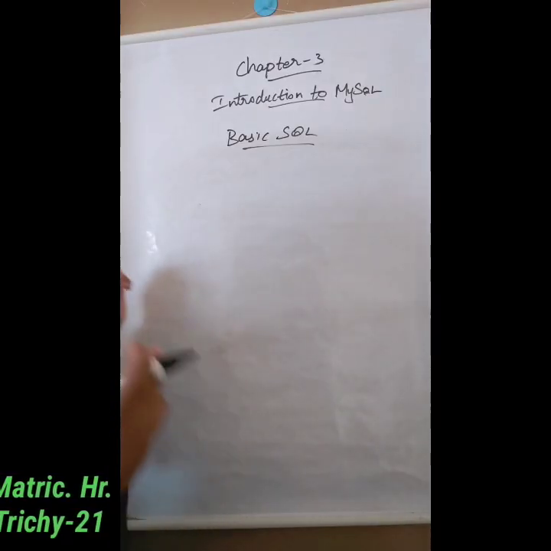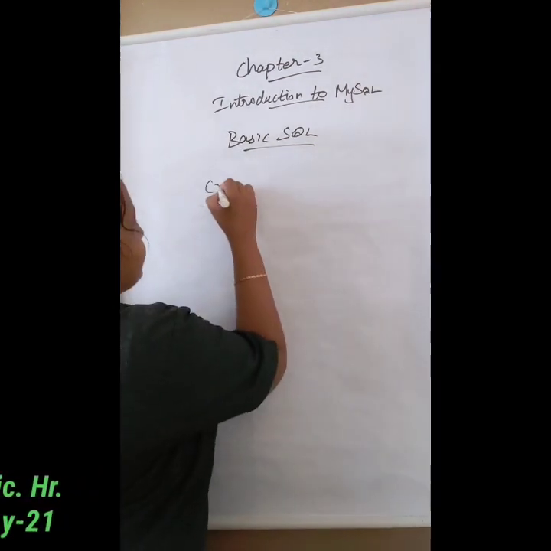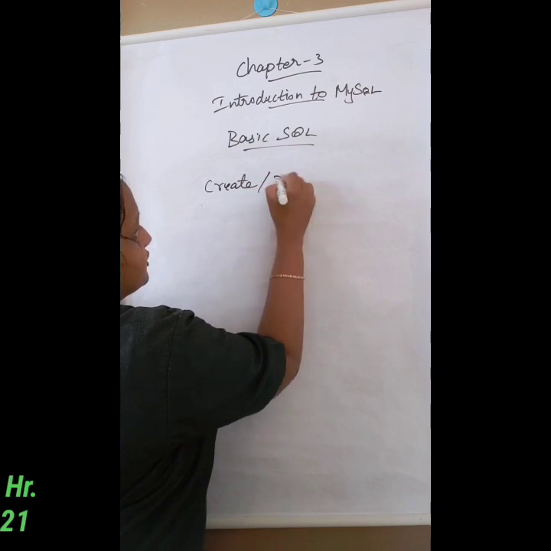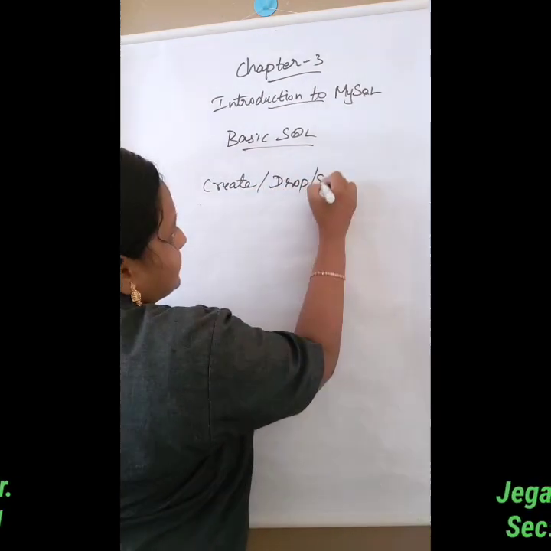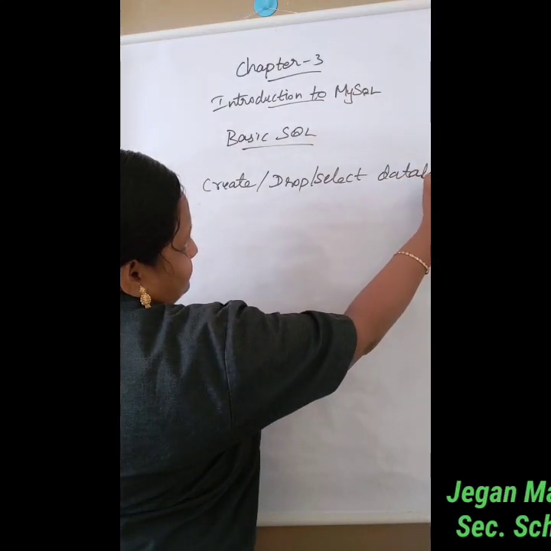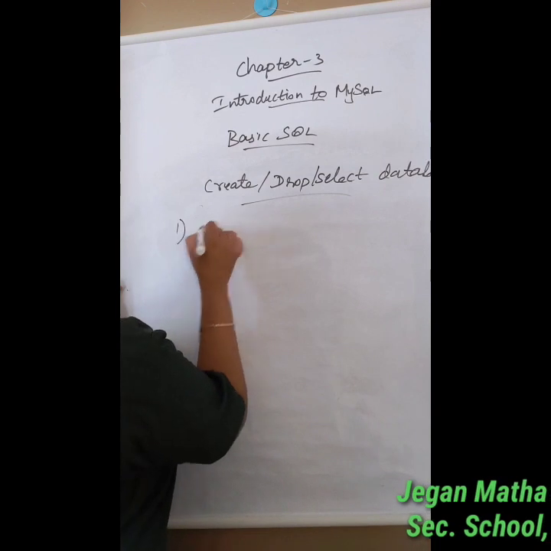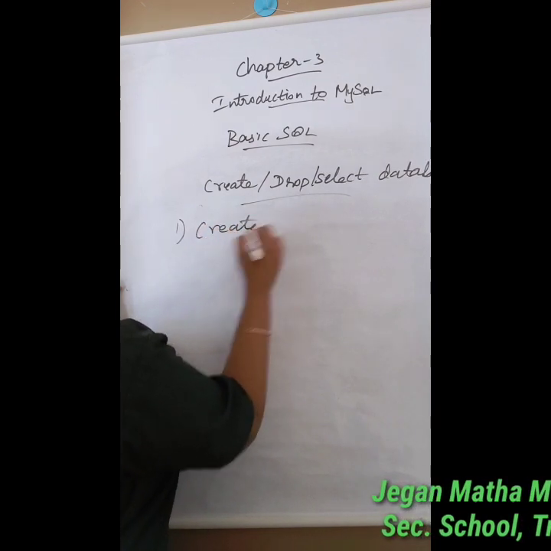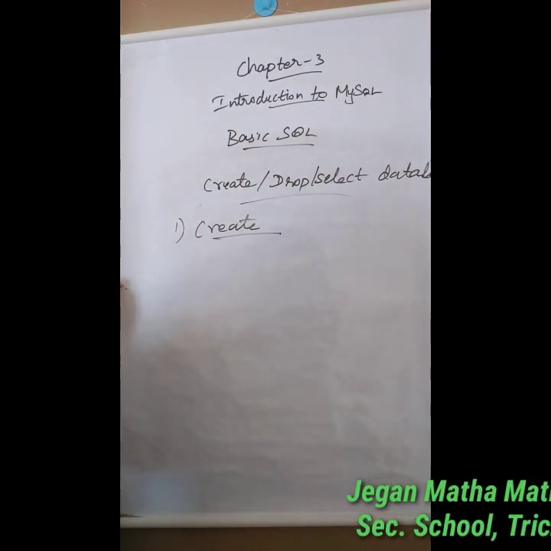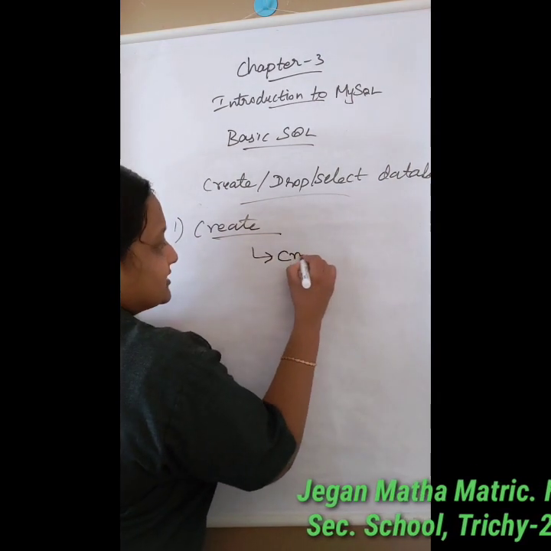Now we are going to discuss some basic SQL commands, that is create, drop and select a database. Now let us see one by one. The first one is the create command. Create database is used to create a new SQL database.